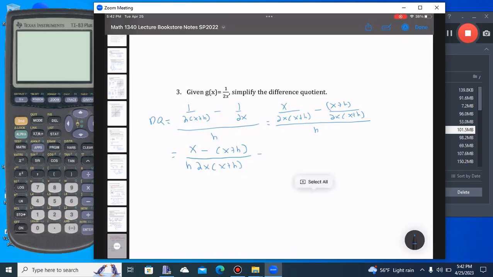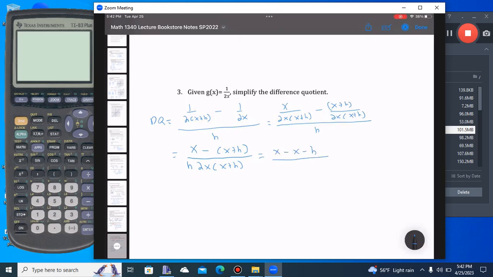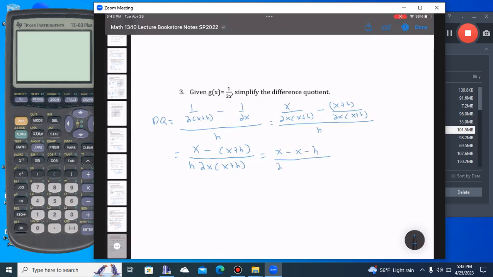This will be equal to x minus x plus h over 2hx times x plus h. The x's cancel, you get negative h over 2hx times x plus h. And then we get negative 1 over 2x times x plus h.